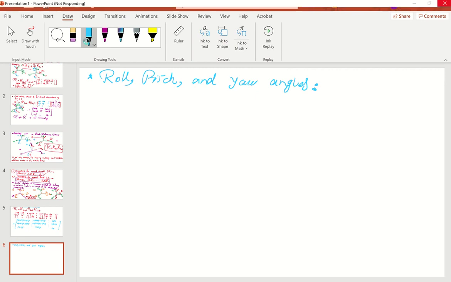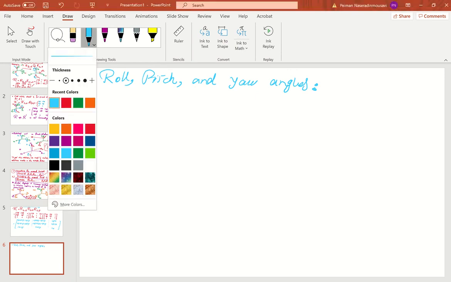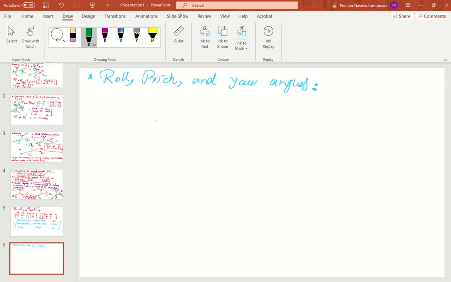Hold on guys. Look at this coordinate system. First is 1. I'm defining this rotation. This is yaw.